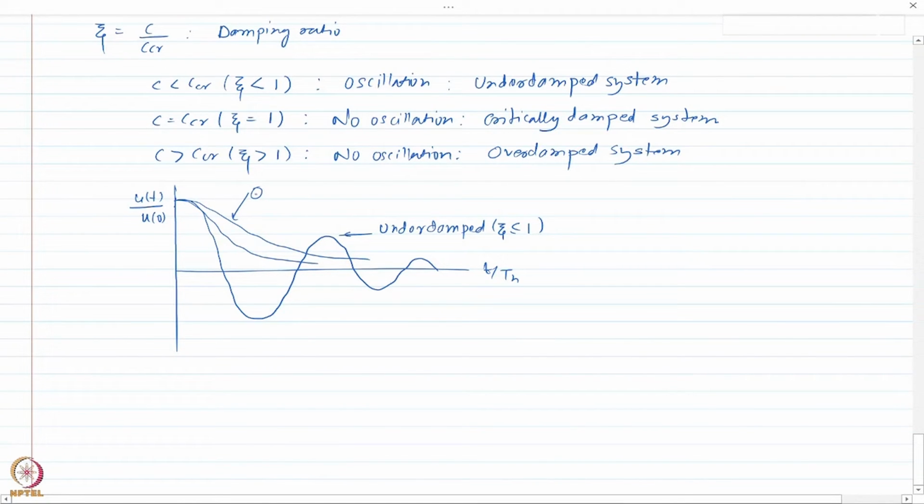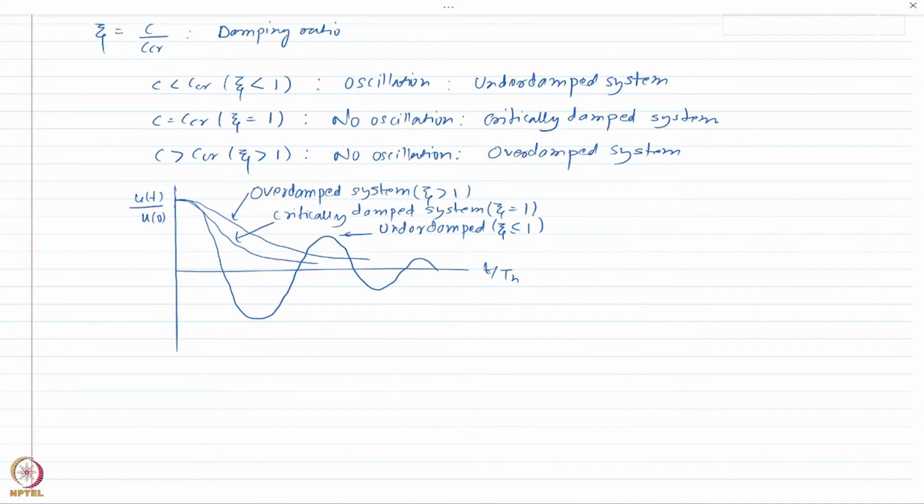So these are the only three situations in terms of the resulting motion of a damped free vibration that are possible. If it's an overdamped system or a critically damped system, there won't be any oscillation.